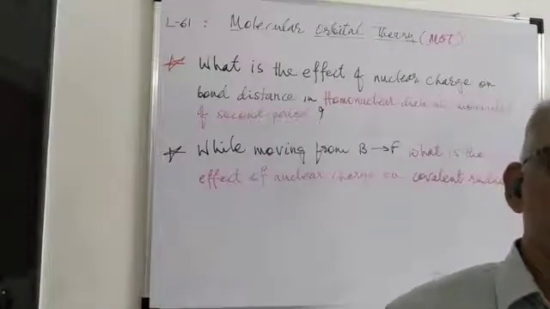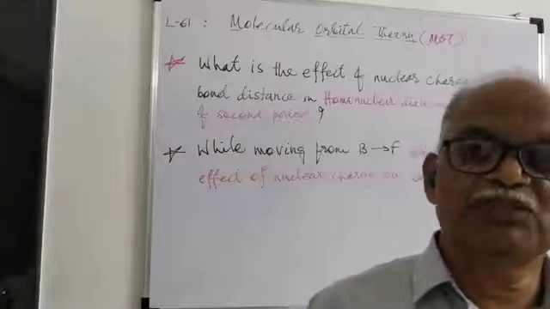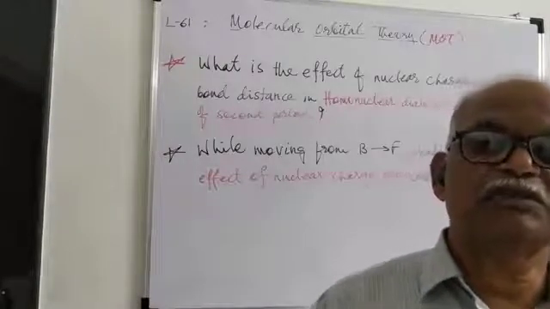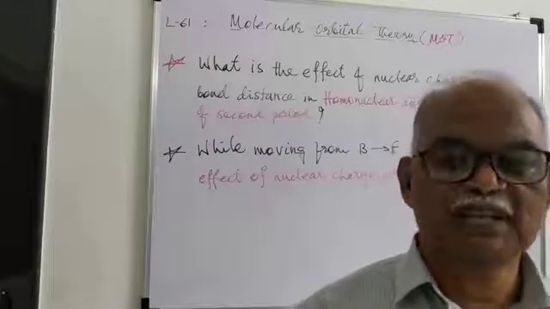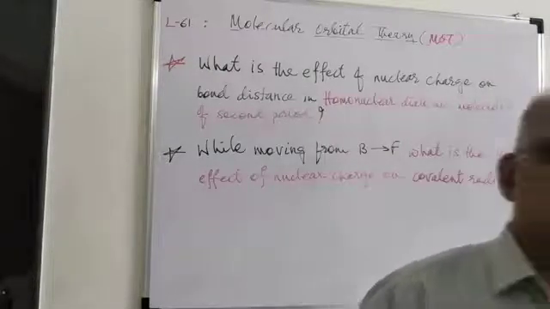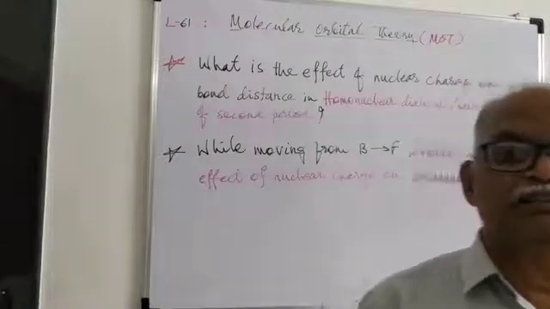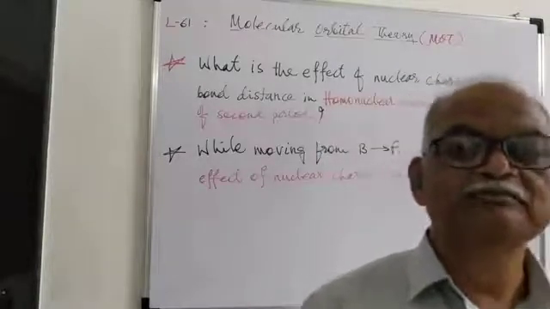As a result, with the increase in nuclear charge, the electrons are pulled closer and closer to the nucleus, so the covalent radius goes on decreasing.